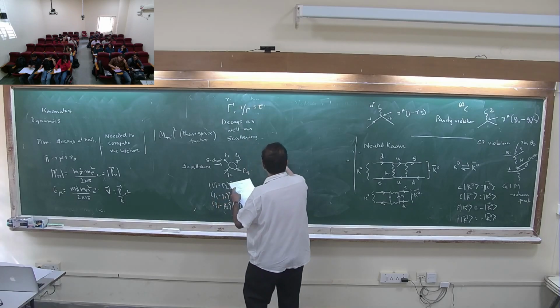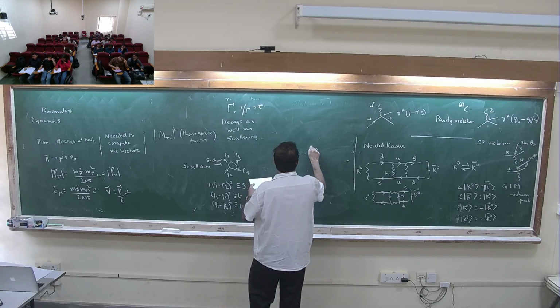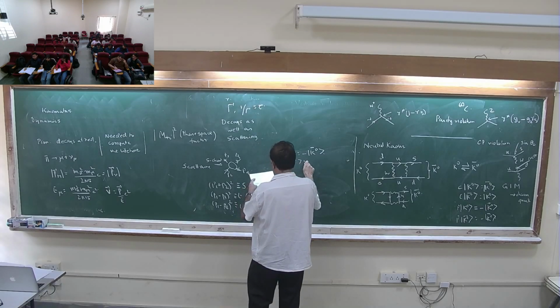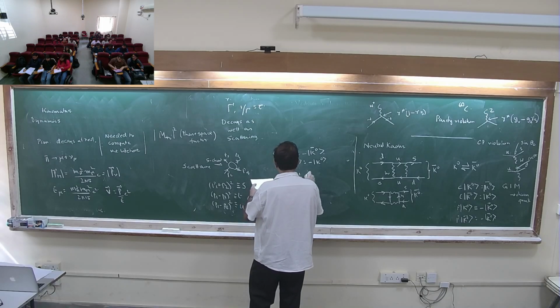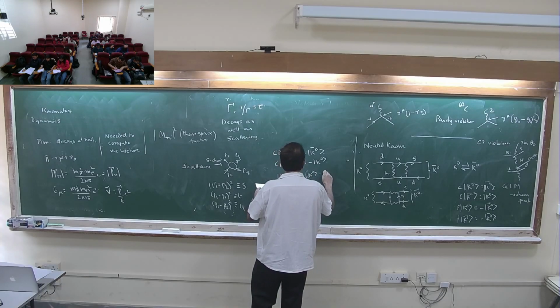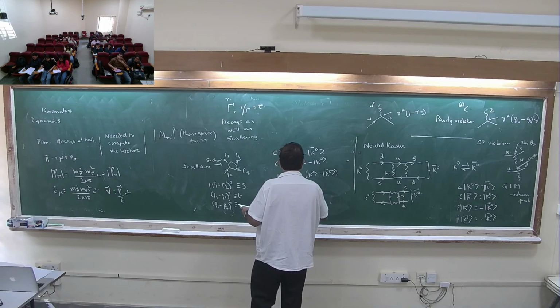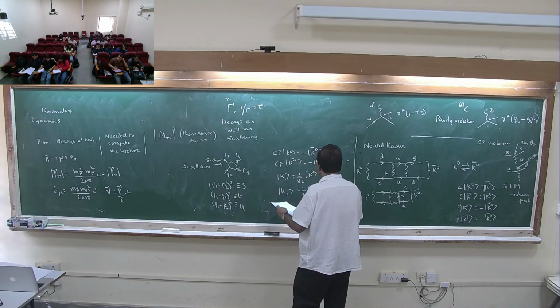So CP acting on K0 is minus K0 bar. Now acting on K0 bar is minus K0. So let me define instead two linear combinations: K1 as 1 by root 2 times K0 minus K0 bar, and K2 as 1 by root 2 times K0 plus K0 bar.